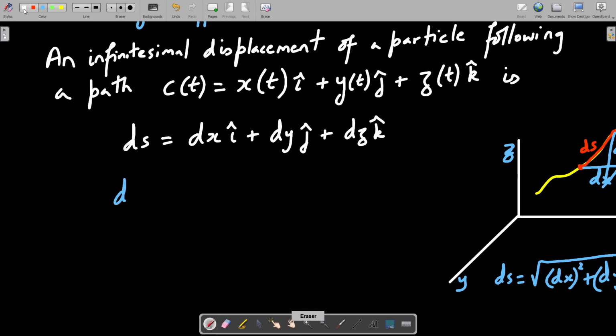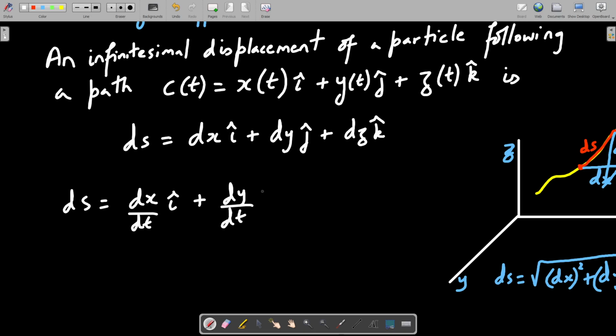This ds can also be written as, okay, so I multiply and divide with this thing, what do you call that, a dt.